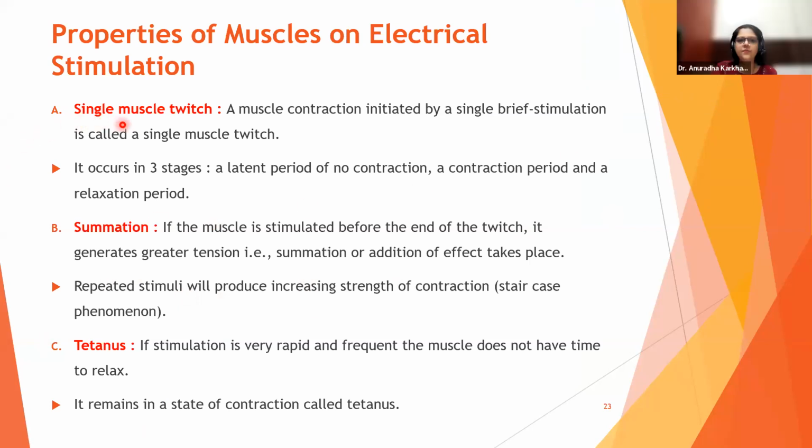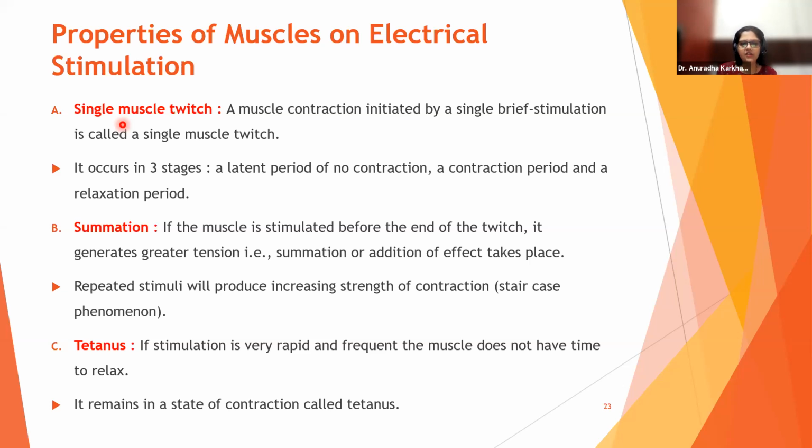Single muscle twitch. A muscle contraction initiated by single brief stimulation is called a single muscle twitch. It occurs in 3 stages: a latent period of no contraction, a contraction period, and a relaxation period. तो ये जो है ये क्या दिखाता है कि एक सिंगल मसल ट्विच है. ट्विच का मतलब है नॉर्मल कॉन्ट्रैक्शन जो इजीली ब्रेक हो रहा है. ओके.